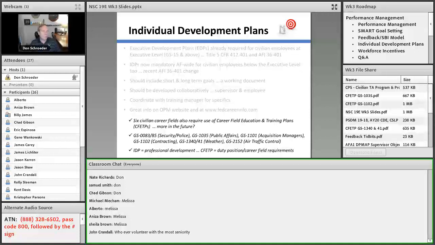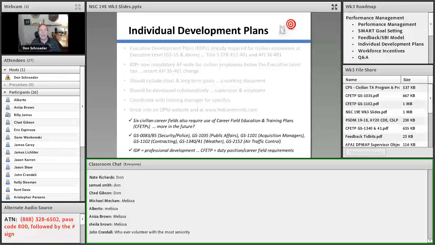Because if you do supervise, or if you are in one of these 6 GS series career fields, not only are you required to be using IDPs for individual development, they're required to be using the CFETP to document their day-to-day duty position, training, and qualifications on the job. Not for professional development, but for their career field requirements and duty position.